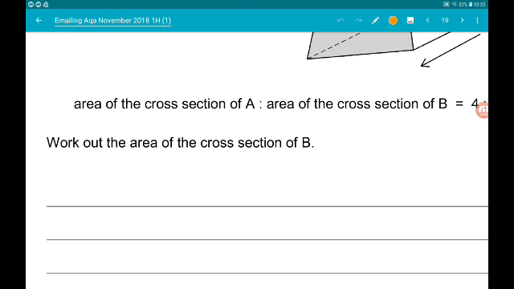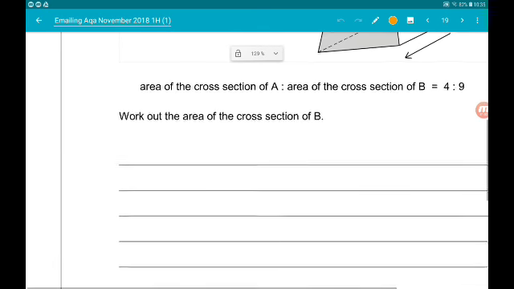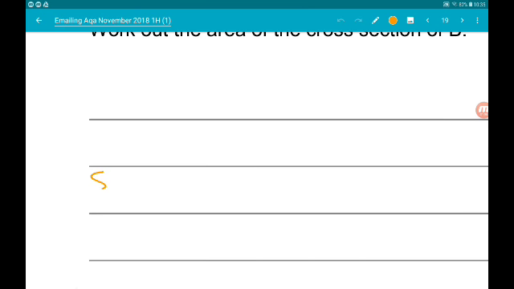We want to work out the area of the cross section of prism B. Okay, tricky, 5 marks. So, first up, with similar solids, if their surface area is in the ratio 4 to 9, we can work out the length ratio and the volume ratio. So, to get to the length ratio, we square root the surface area ratio.